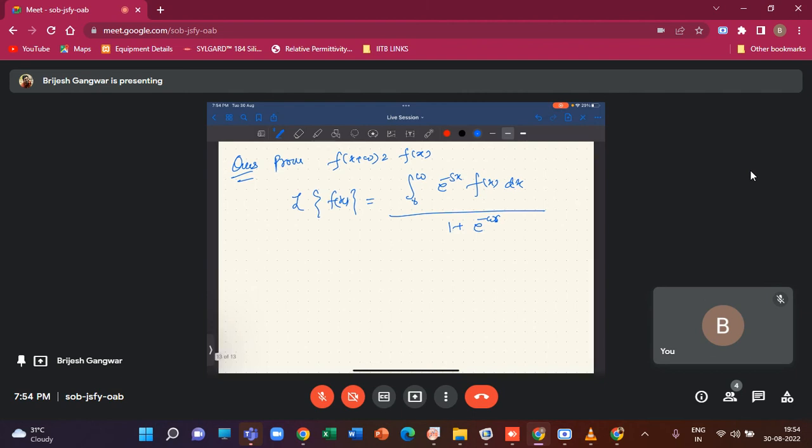We have this periodic function, f of x plus omega is equal to f of x. Then what will be f of x plus 2 omega?